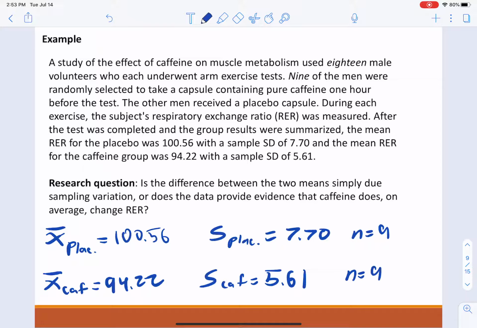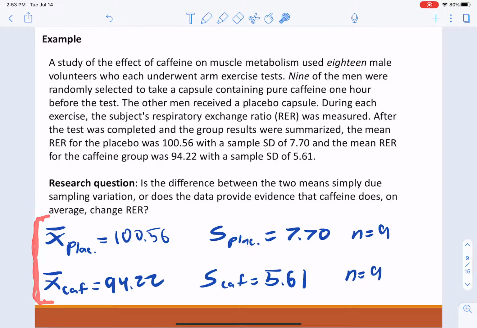One standard deviation below this would be like 93-ish, right? So already we're seeing quite a bit of overlap, so we've got to test whether this difference that we see here is actually true.